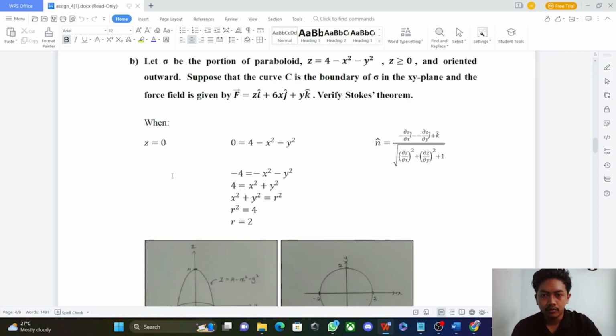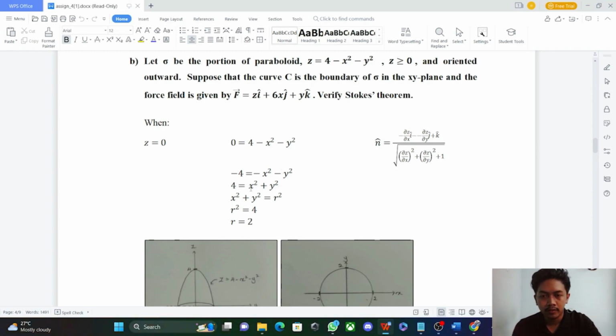When z equals 0, we put the 0 into z. We got 0 equals 4 minus x squared minus y squared. Now we move 4 to the left and we got negative 4 equals negative x squared minus y squared. Now we change it to positive.